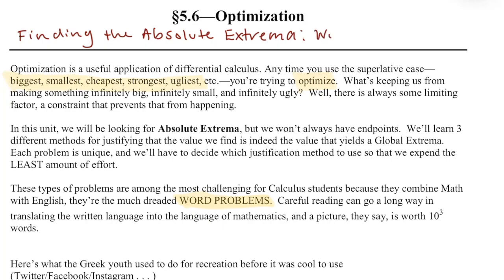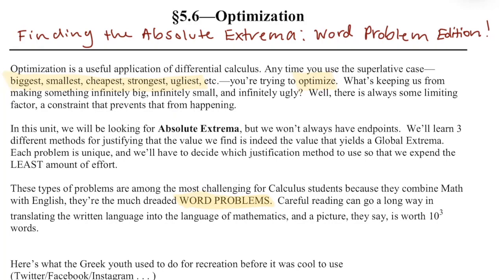But this is the word problem edition. In our previous unit, we had a lot of experience finding absolute extrema or relative extrema. Now we're doing it, but in the context of a real world situation.